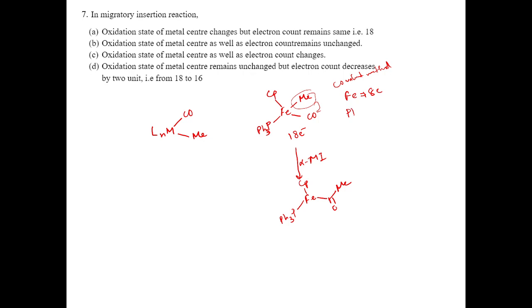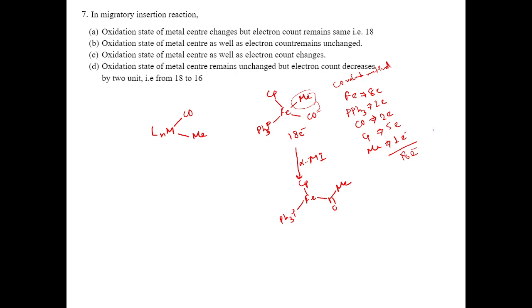PPh3 gives 2 electrons, carbon monoxide gives 2 electrons, Cp gives 5 electrons, and methyl gives 1 electron, right? So if you add this up, you will find it's actually 18.